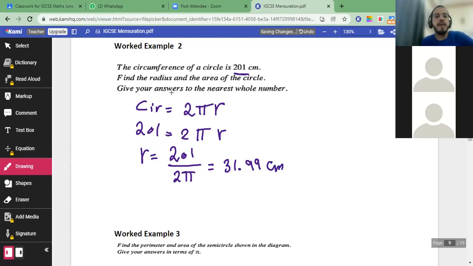Then he said find the radius. We got the radius. And find the area. Let's ask Nour how to find the area of the circle now.